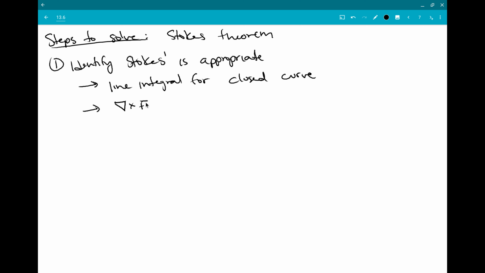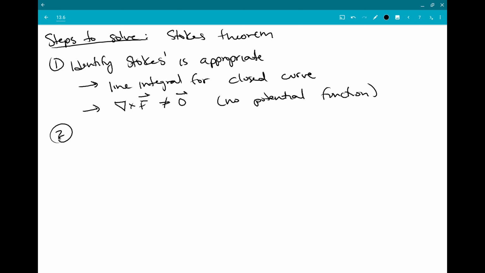You're going to want del cross f is not 0. So there's no potential function for this type of vector for which you're computing the line integral.